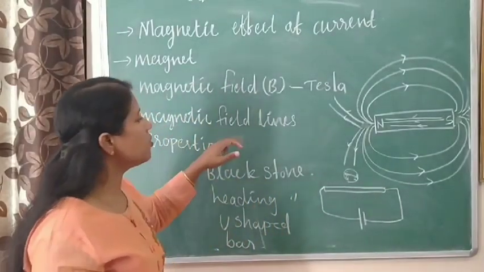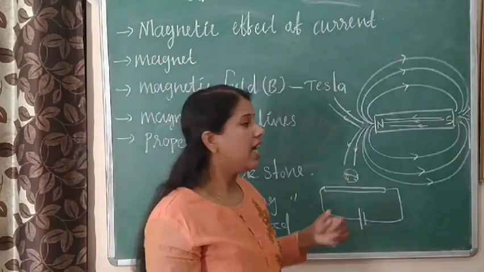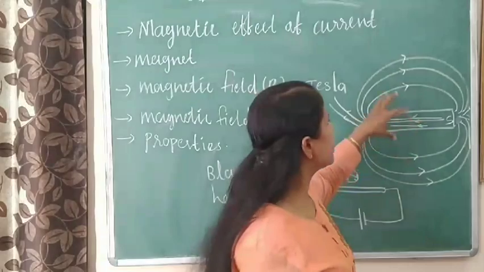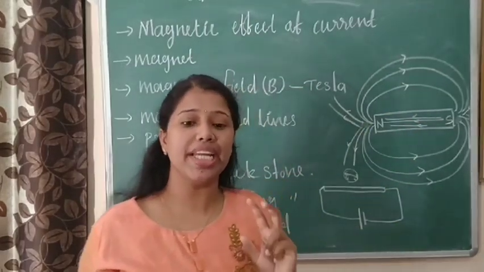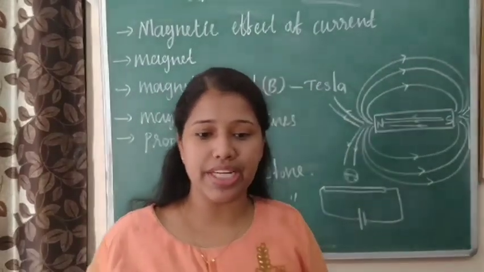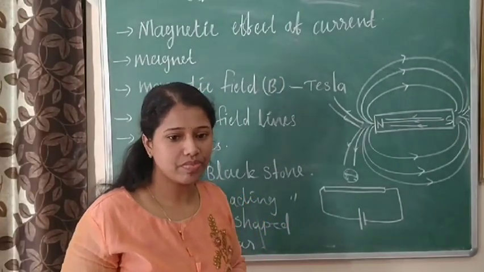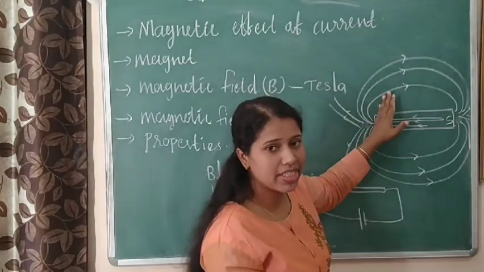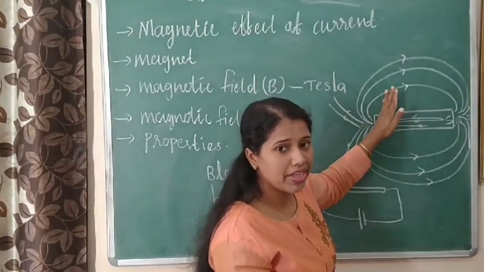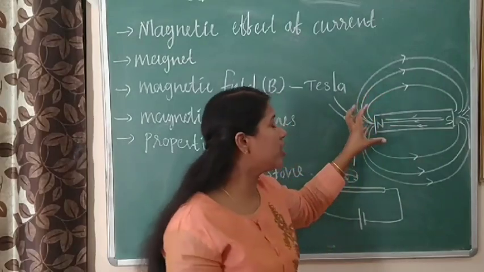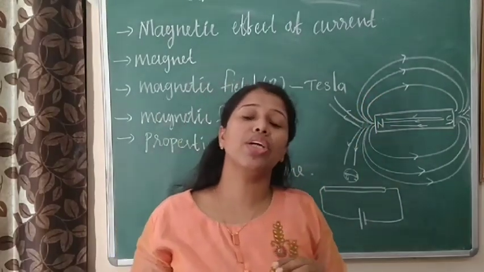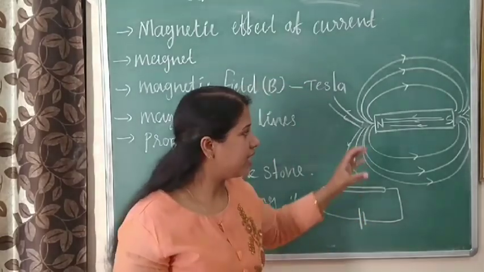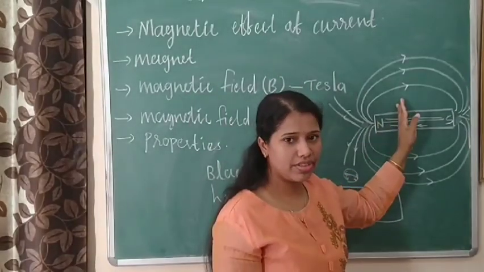Then what are magnetic field lines? It is an imaginary curve.